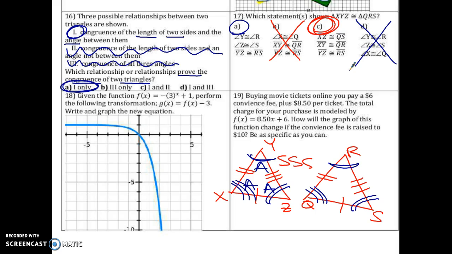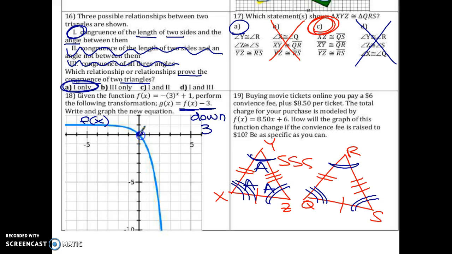Number 18, given the function, that one is graphed. This is f of x right here. Perform the following transformation. g of x equals f of x take away 3. So we're taking f and we're shifting it down 3 units.